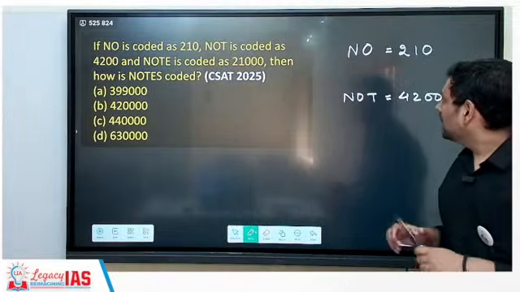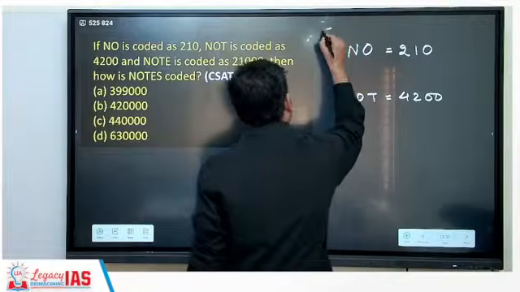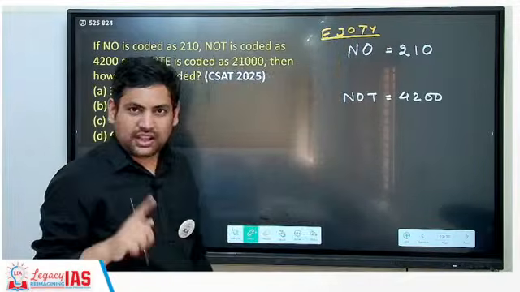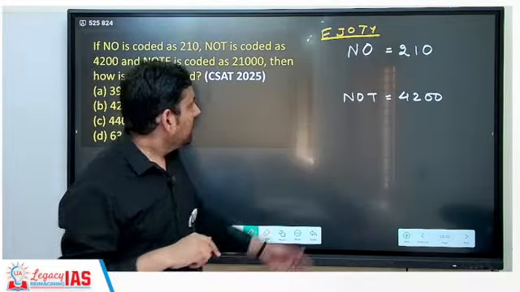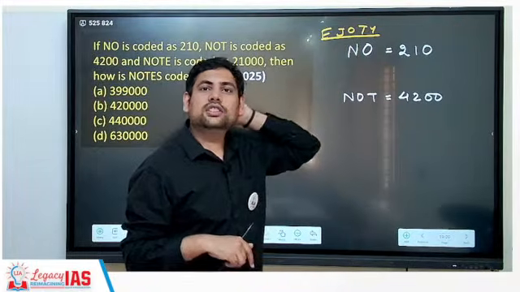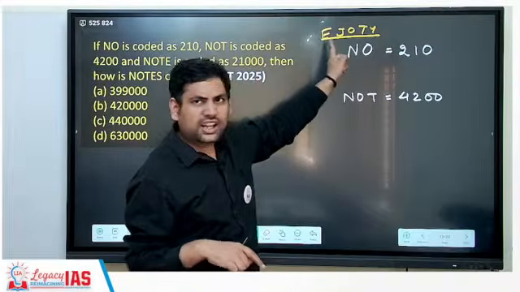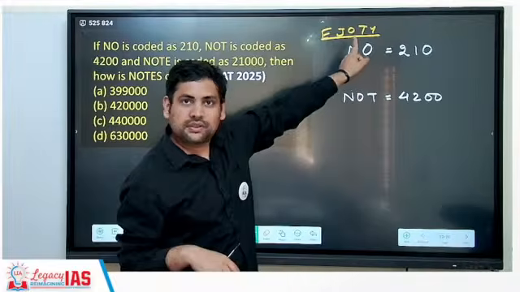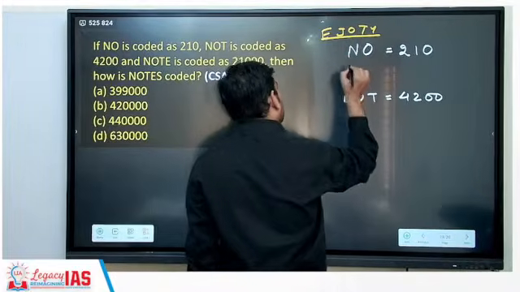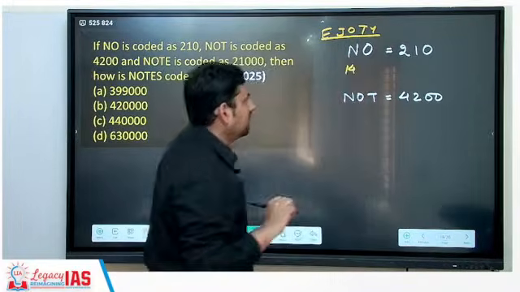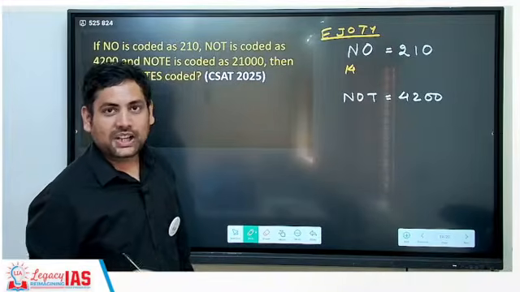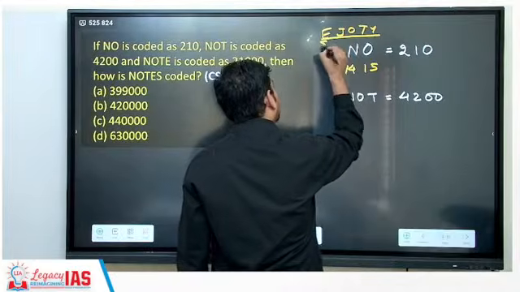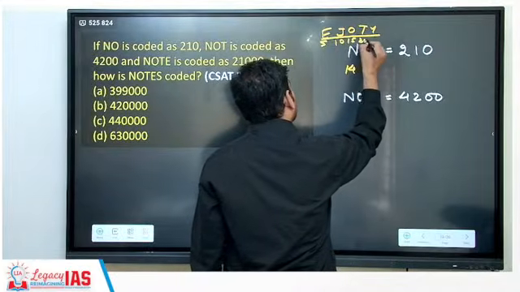Now, remember A to E, then F to J. NOP, can you remember this? O is the 15th letter, so N is the 14th letter. O is of course the 15th letter. T is the 20th letter.